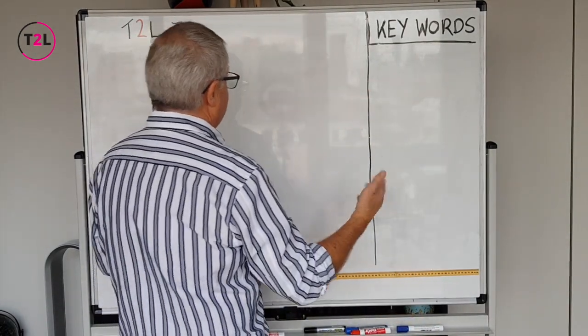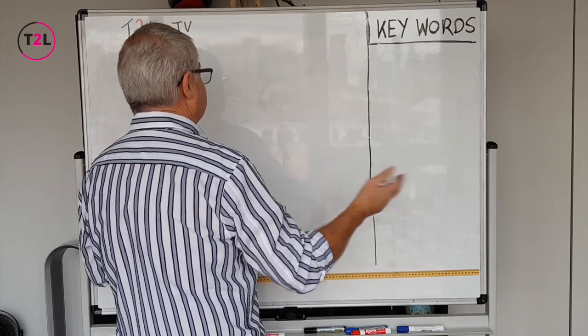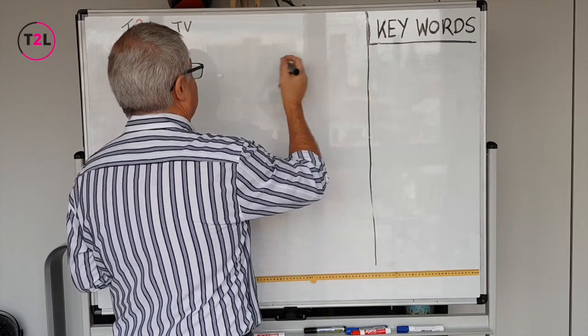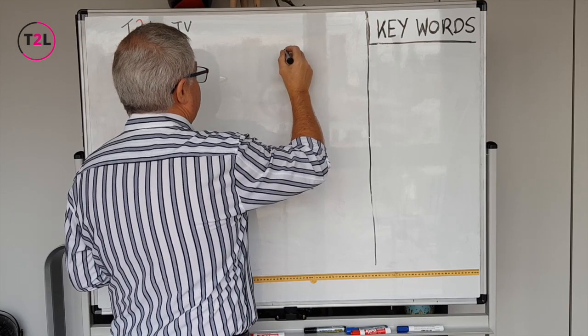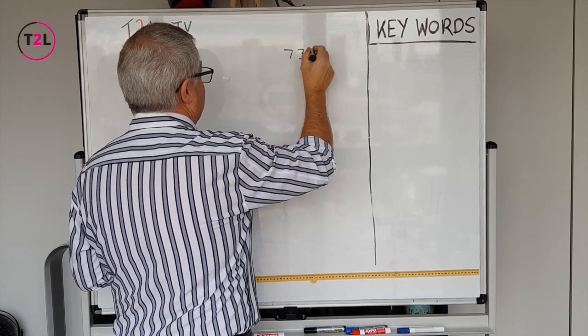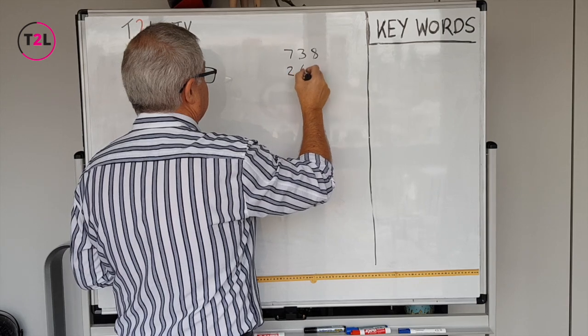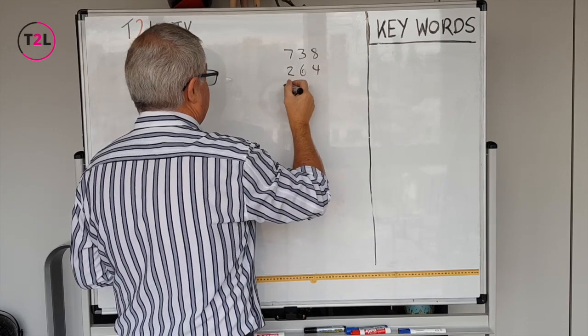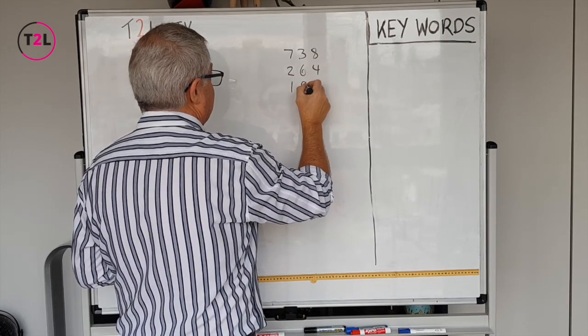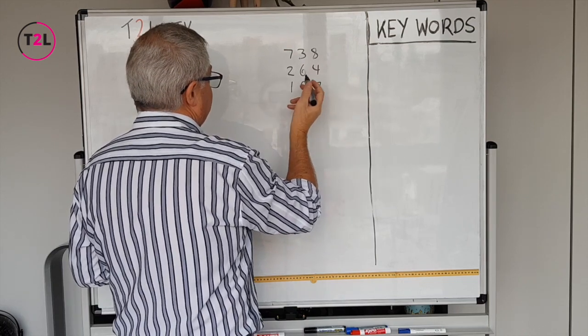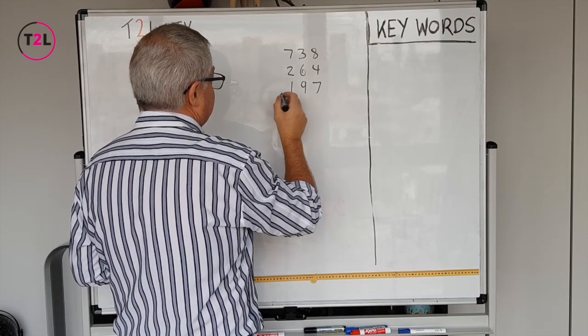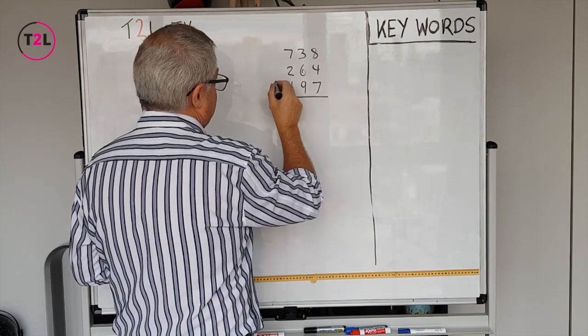Whether it's a game, a measurement task, or something to do with data, we have a group of numbers to add up: 738, 264, and 197.